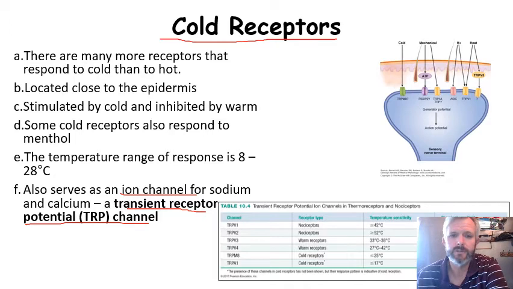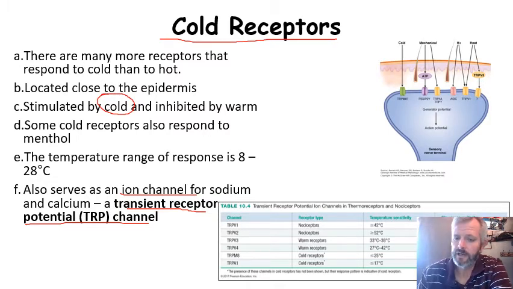The opening of these channels happens in response to cold, and cold receptors are stimulated by the range of the cold. You can see there are several types.